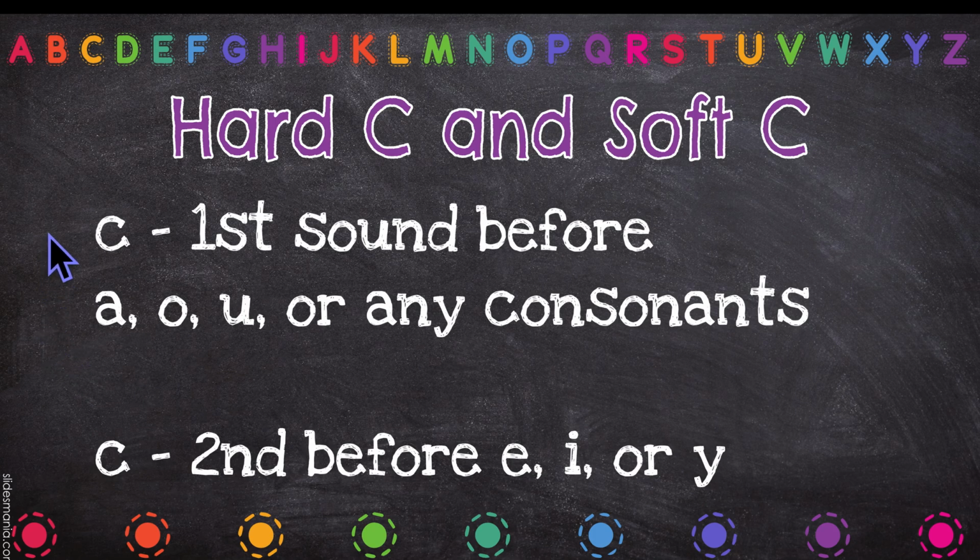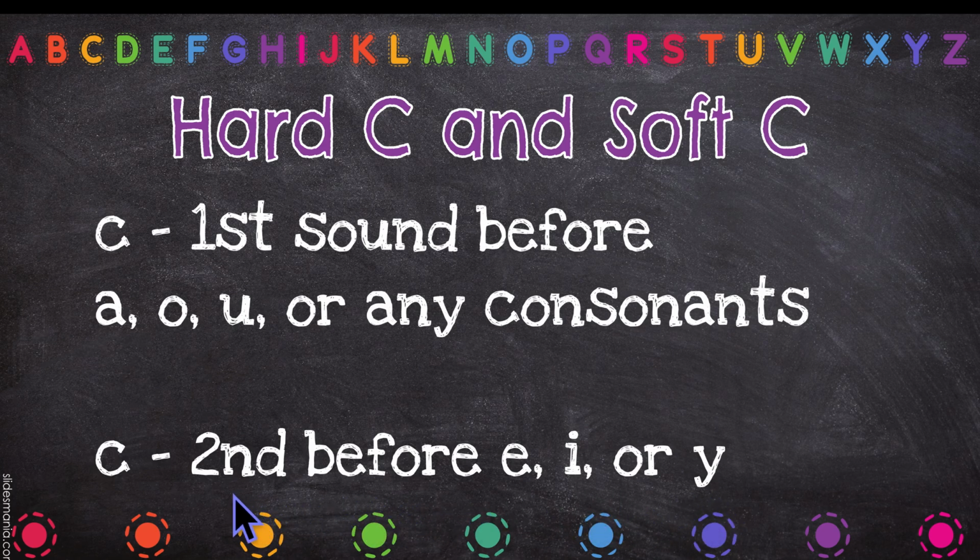Do you remember the rule for how to tell if you need the hard sound of C, also called the first sound, k, or the second or soft sound of C, s? When you see the letter C, look at the next letter. Ask yourself, is it an E, I, or Y?